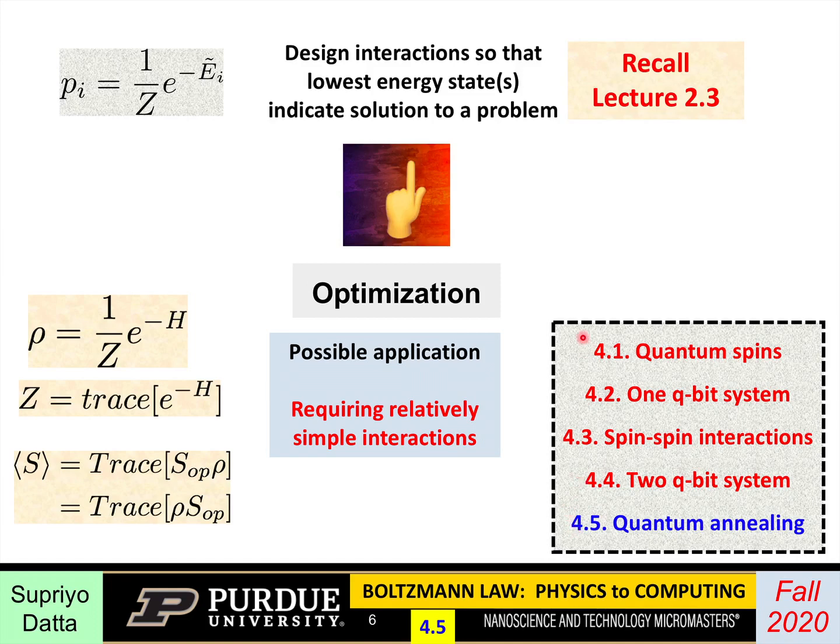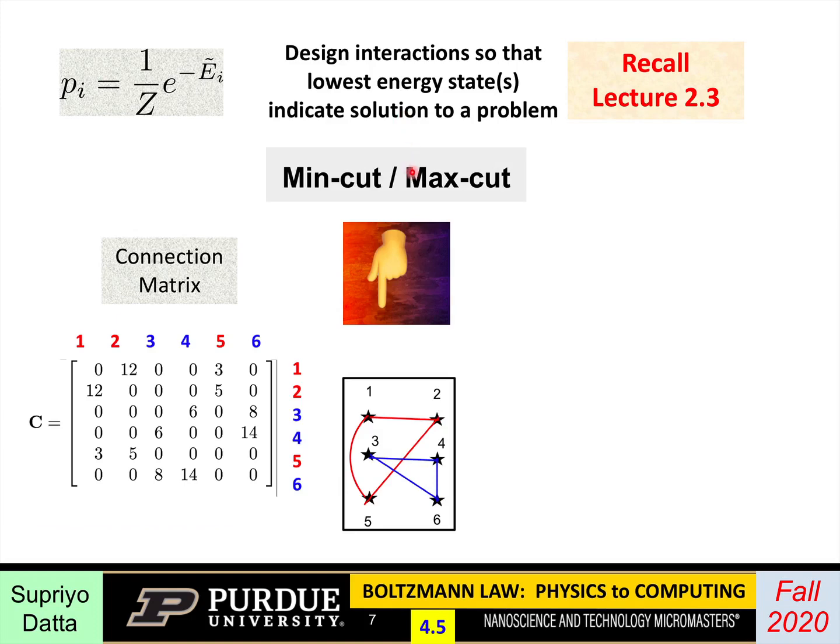Now, let me start from a problem that we discussed in lecture 2, where we talked about this problem of optimization using classical spins. There the idea was how to design the interactions so that the lowest energy state indicates the solution to some problem we are interested in. This was done with classical spins, and we used this min cut or max cut problem as an illustration.